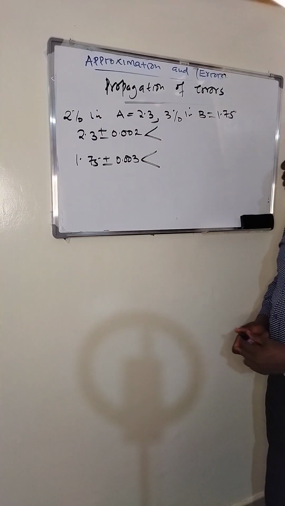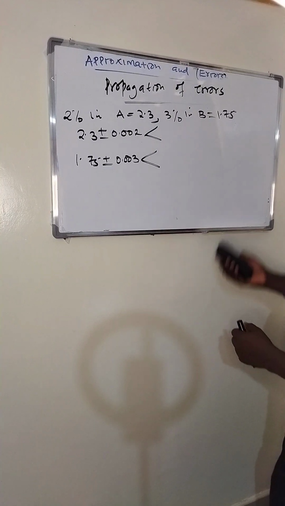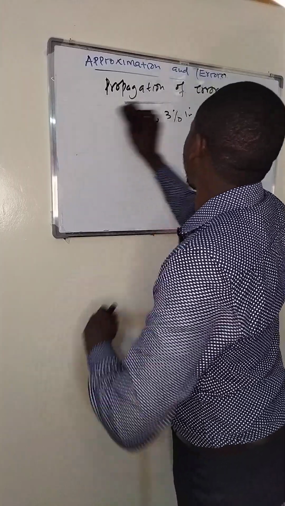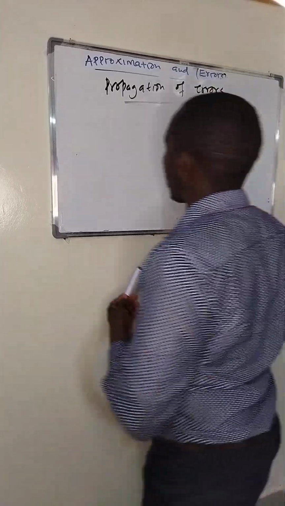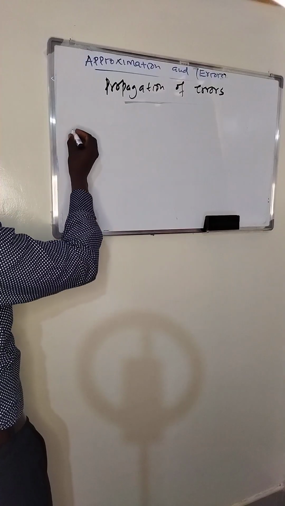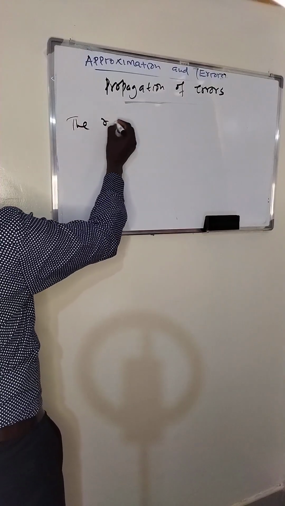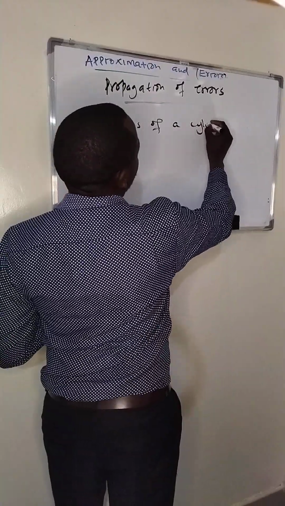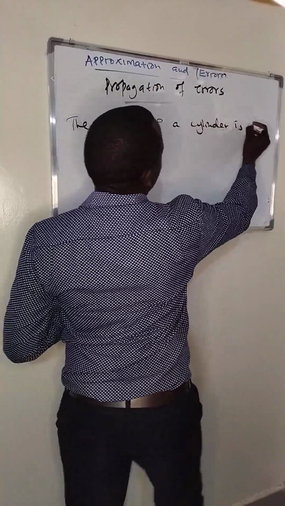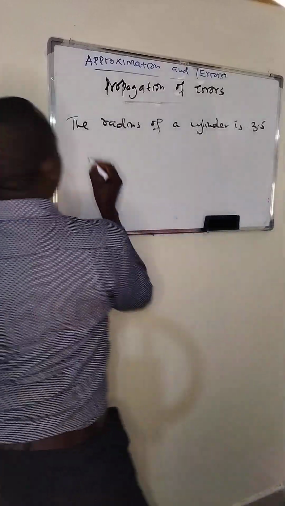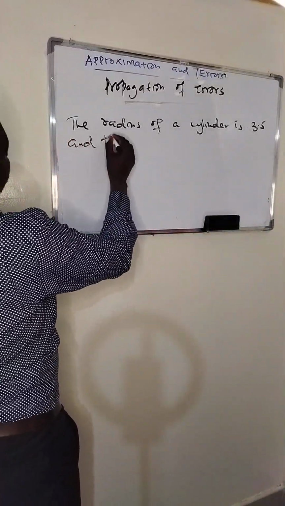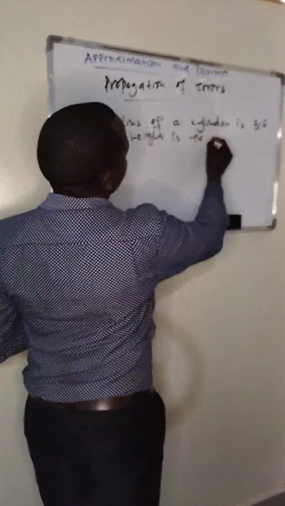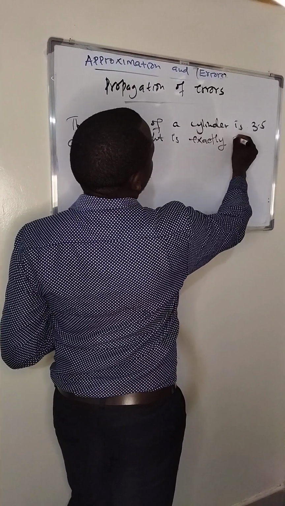Another area which I have to mention before we conclude this topic is on this part. You're told the radius of a cylinder is 3.5 and the height is exactly 8.